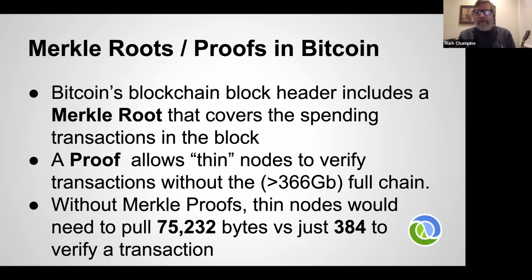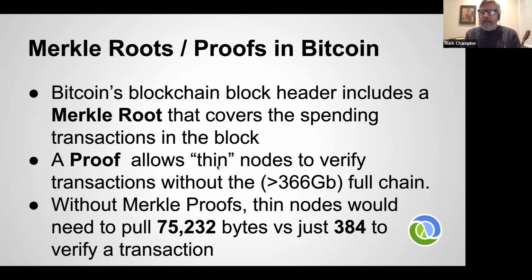Now, you could just have a calculation over the entire set of spending transactions, a flat structure, and calculate the root over that, but it would be less efficient. It would take more computational power. But the main thing is that, and we'll see this in a bit, when proofs are transmitted across the network, it allows you to send far, far less data to prove the presence of a transaction on a block than would otherwise be possible.